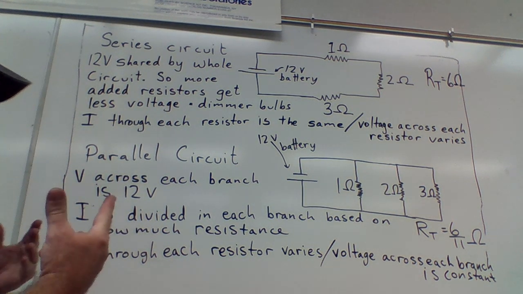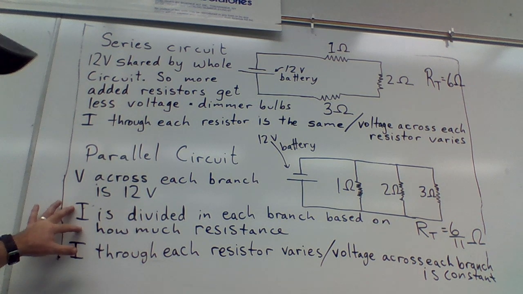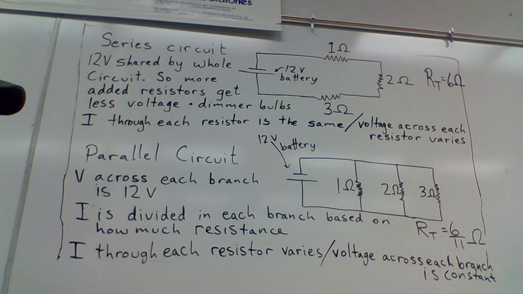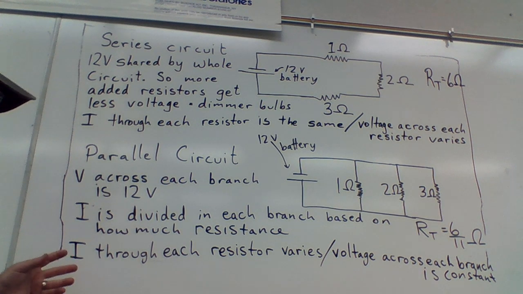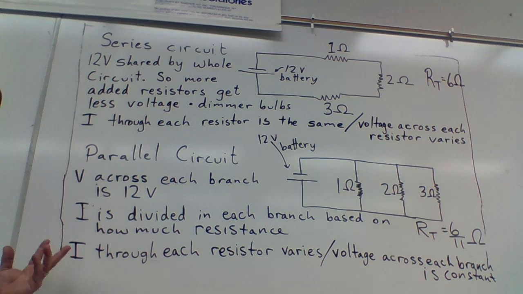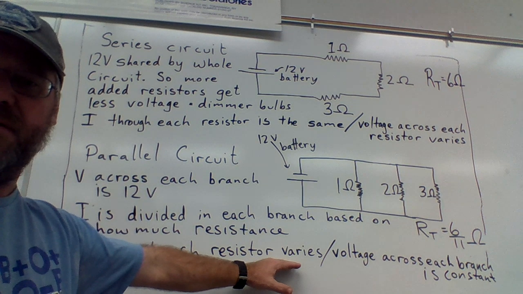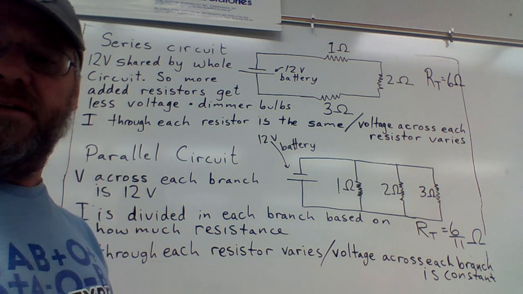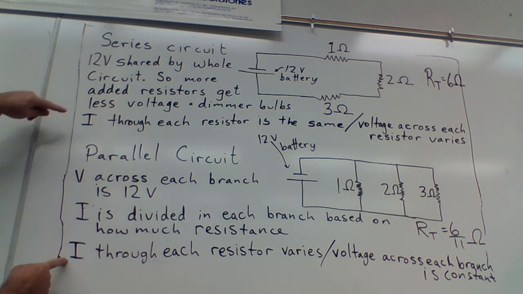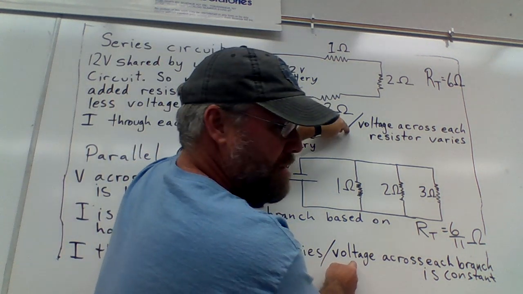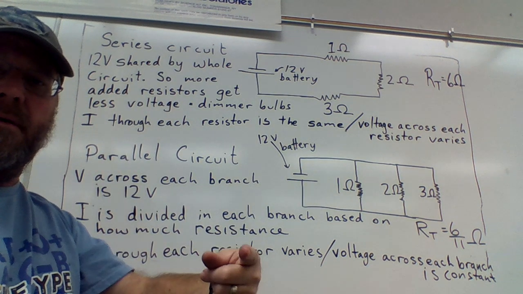Now, as a result of that, the current is divided in each branch based on how much resistance is there. And so current through each resistor varies, but voltage across each branch is constant. If you compare this statement with this statement, and this statement with this statement, they're opposites of one another.